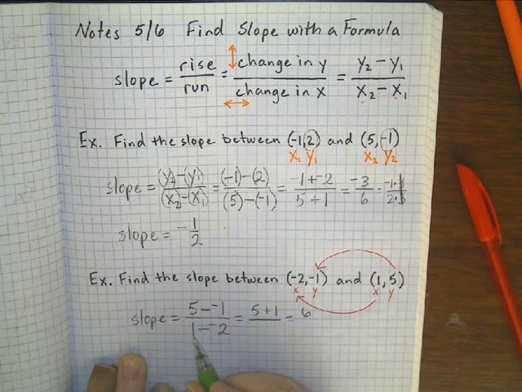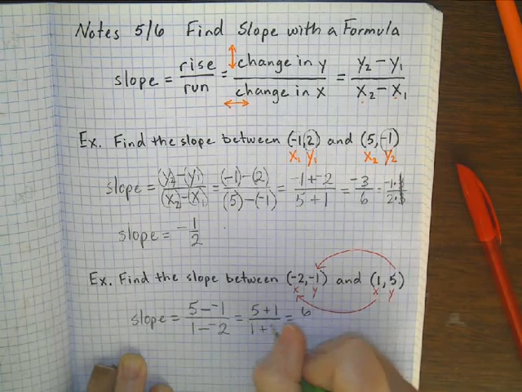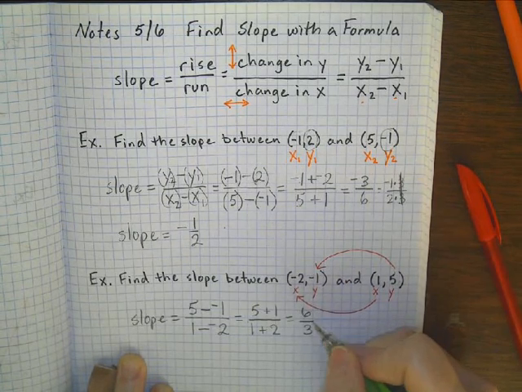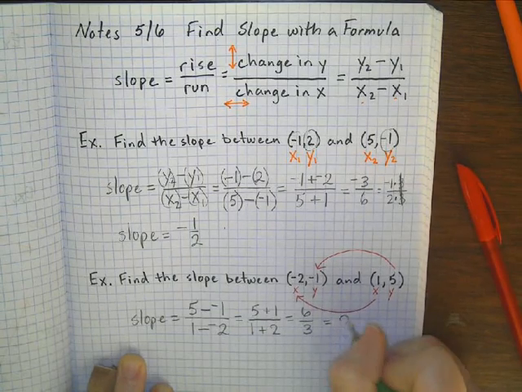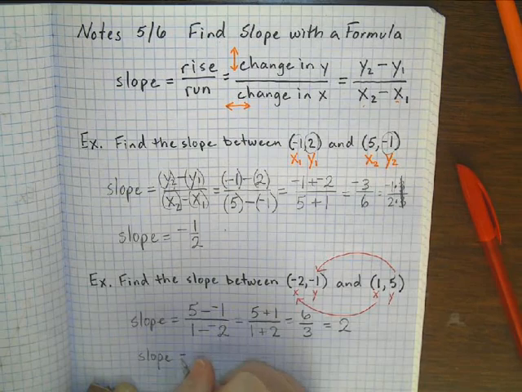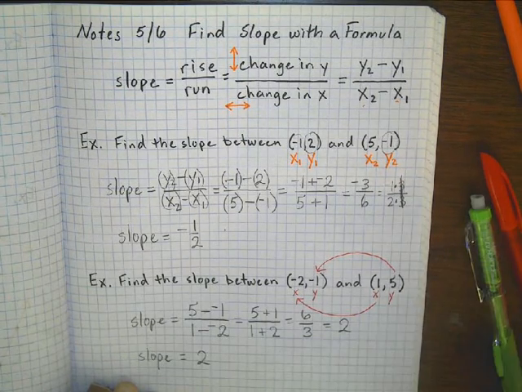And on the bottom, 1 minus a negative, that becomes plus. 1 plus 2 is 3. And then 6 divided by 3 is 2. So my slope is equal to 2. Okay, which is exactly what we got on the warm-up.